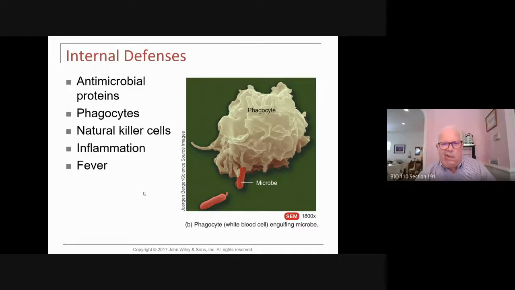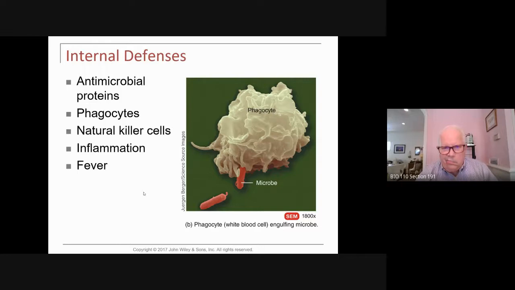Phagocytes are neutrophils and monocytes that'll kill anything non-specifically. If you remember, there are 3 types of lymphocytes. One of them is non-specific, and those are known as NK lymphocytes, otherwise known as natural killer cells. They're non-specific. The other 2 are specific.